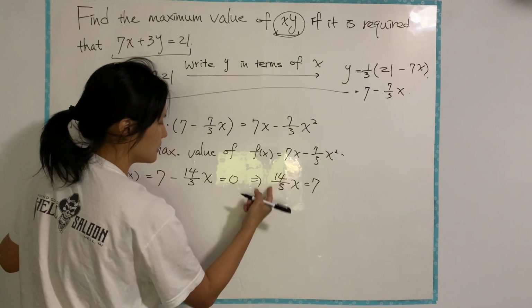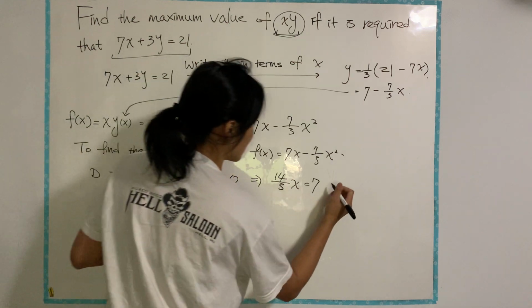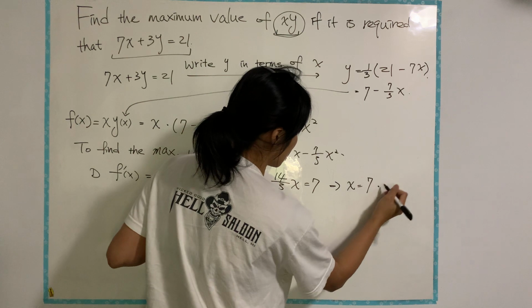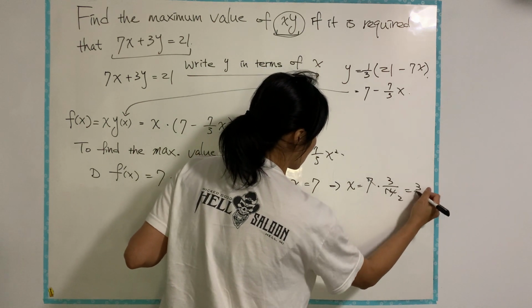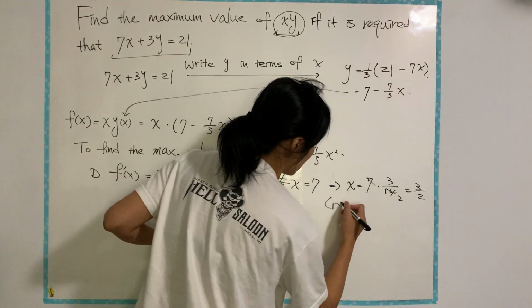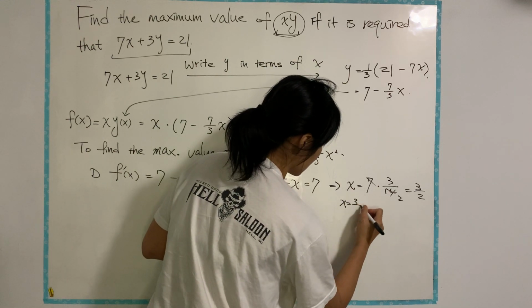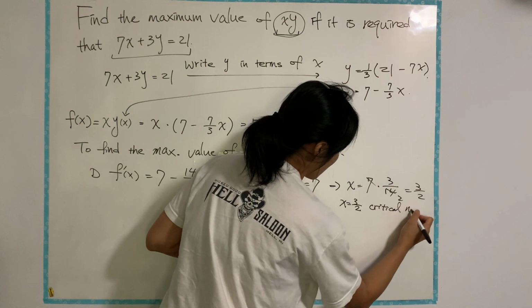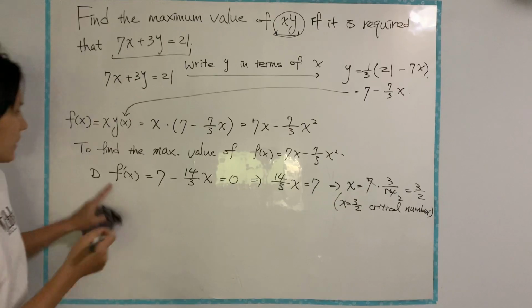Let me divide both sides of the equation by 14 over 3. So this tells me x is equal to 7 times 3 over 14. So this gives me 2/3. Okay, so this is a critical number for the function f of x.